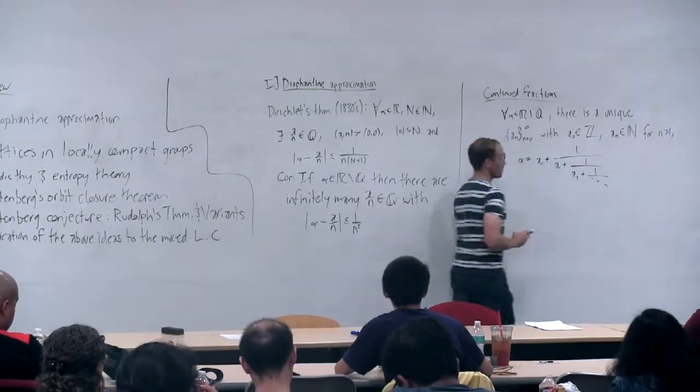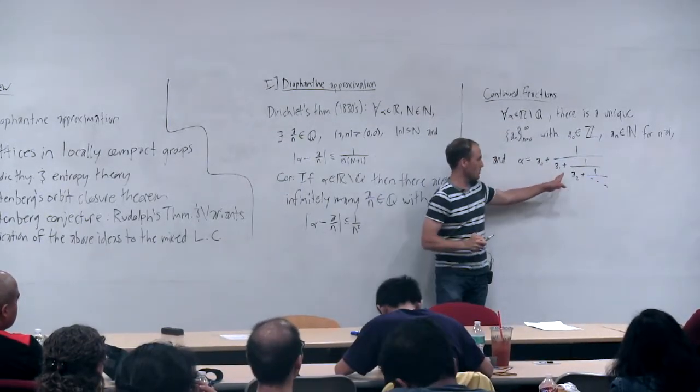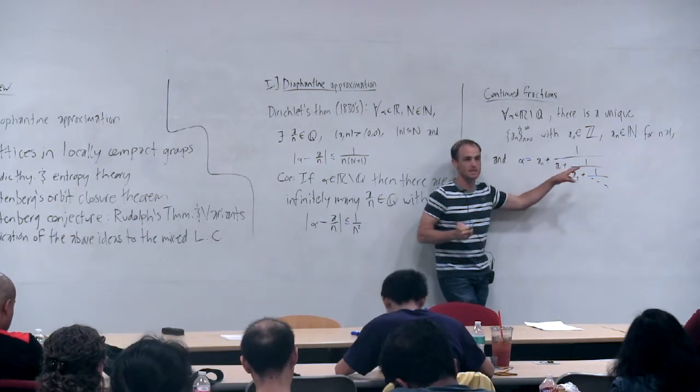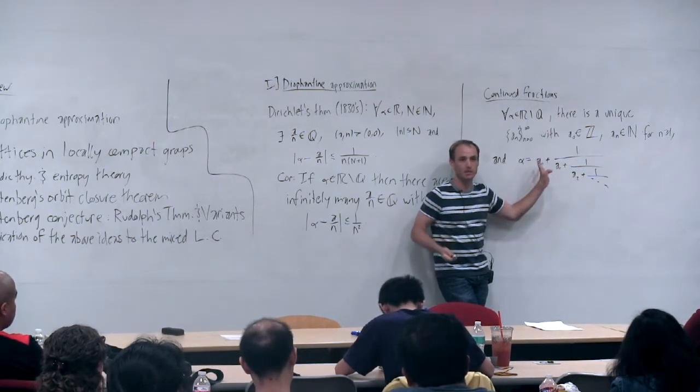Okay? What I mean by the expression on the right-hand side, of course, is that you go out to n and then you take the limit as n tends to infinity. So I'm saying that that limit exists and it converges to alpha.